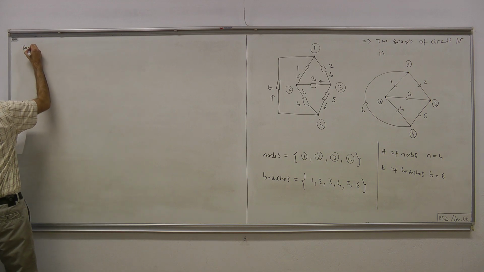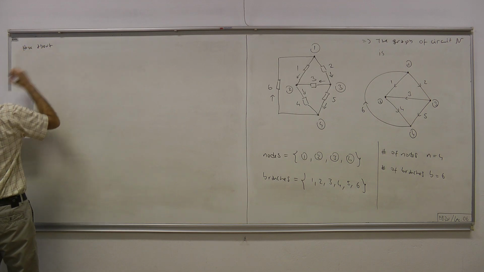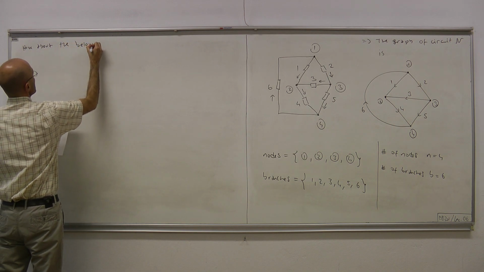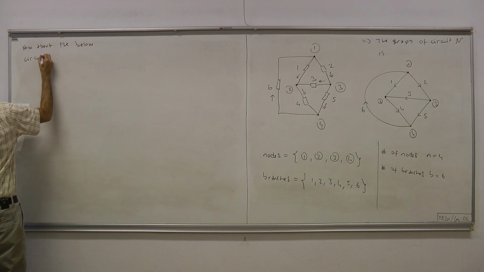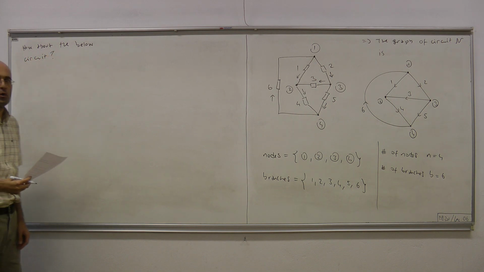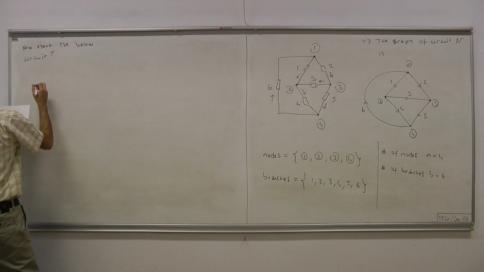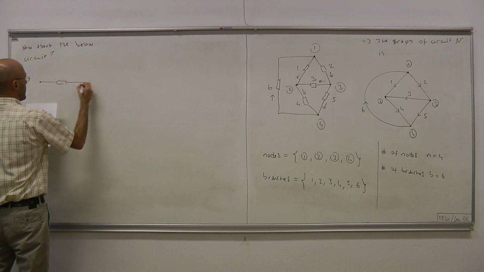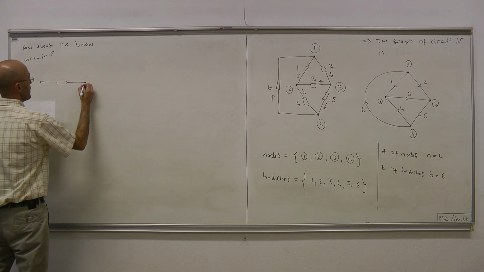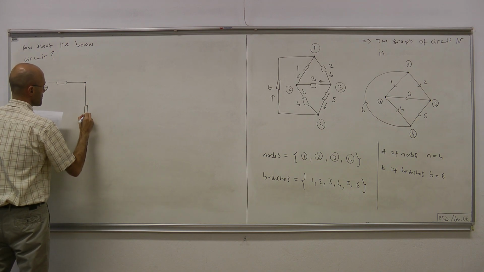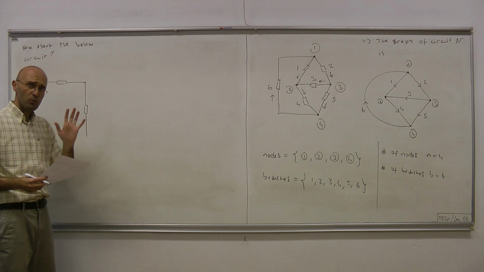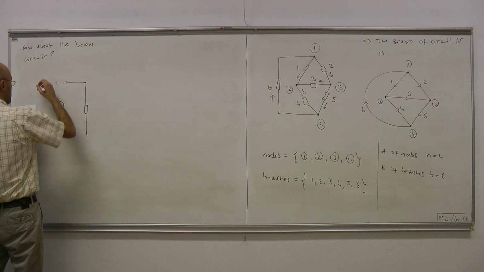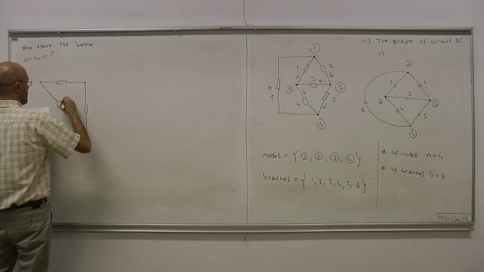How about the circuit below? We have here a single-branch component, and here another single-branch component, which we're perfectly okay with. But suppose there is also a 3-terminal component.